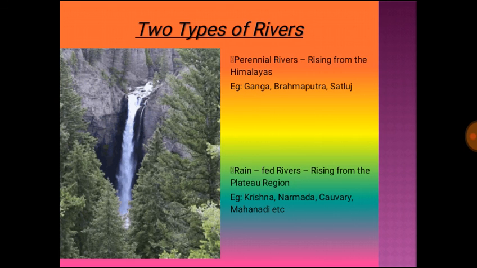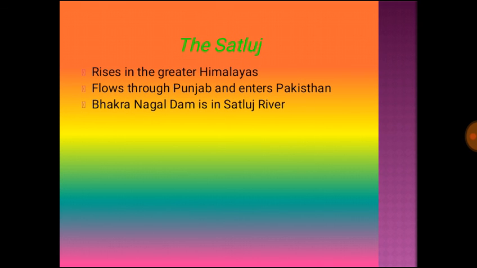First one is the Satluj River. The Satluj River is one of the 5 tributaries of the Indus which flows through Pakistan. Tributaries means small rivers.